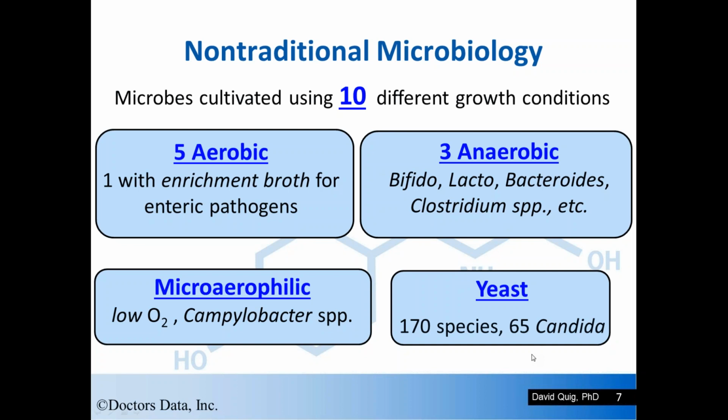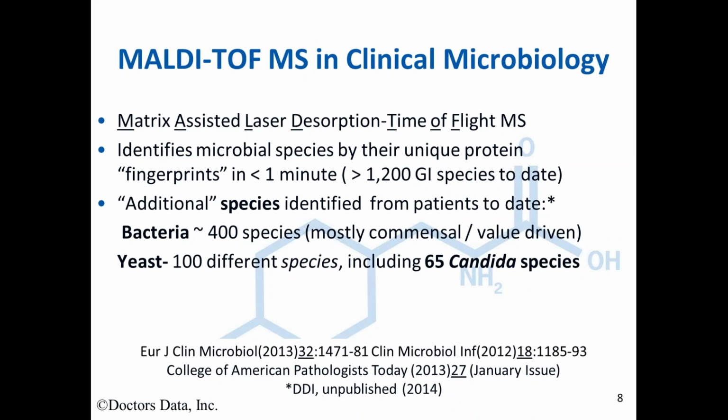Now, after we culture these microbes, obviously we have to identify those. And here we have the entrance of the revolutionary technique in clinical microbiology, that is MALDI-TOF MS, which stands for Matrix-Assisted Laser Desorption Time of Flight Mass Spectrometry.